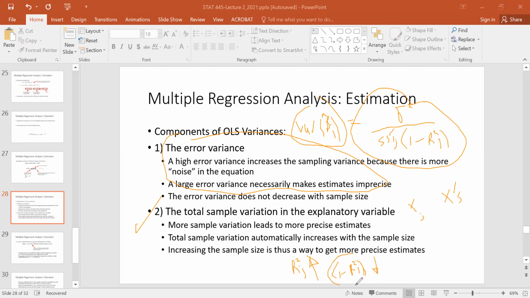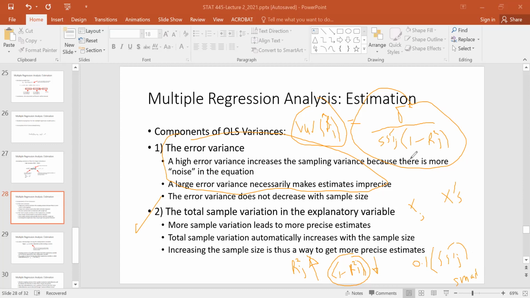So if this thing is falling, let's say it falls to 0.1, then you are taking a tiny fraction of this. So if this becomes small, let's say it falls to 0.1, you take a tiny fraction of SSTj, which will also be small.